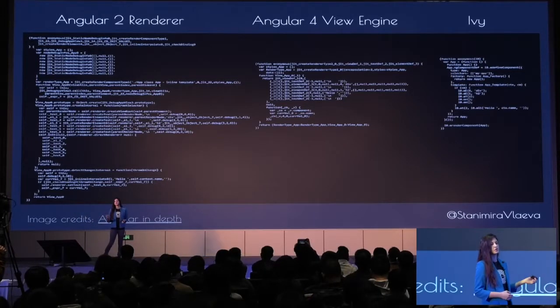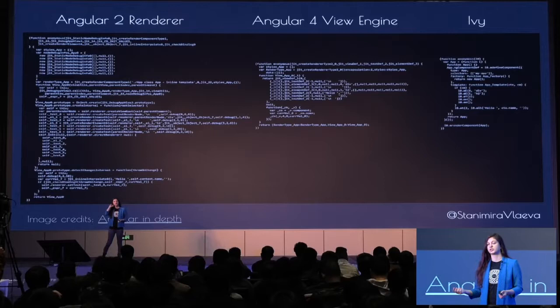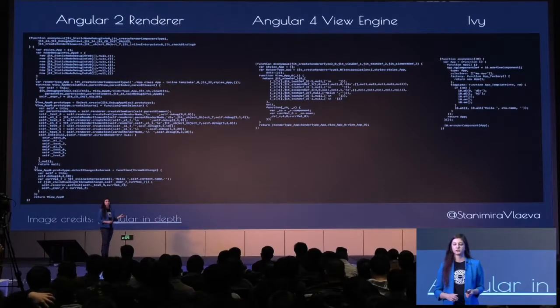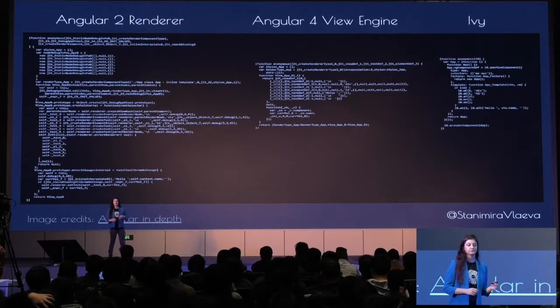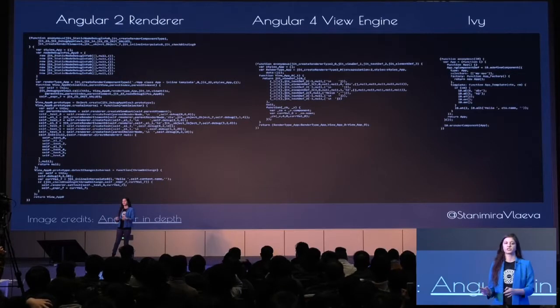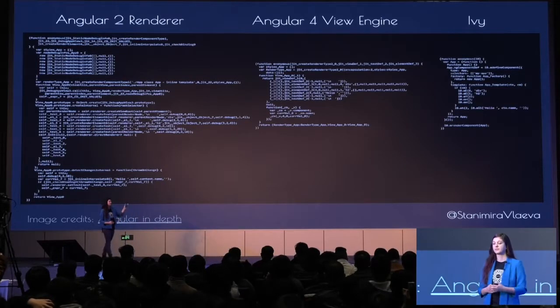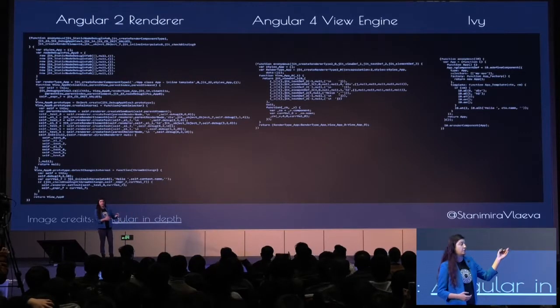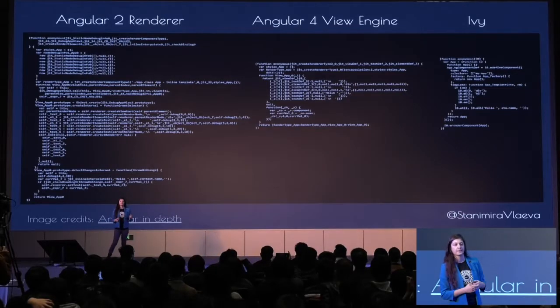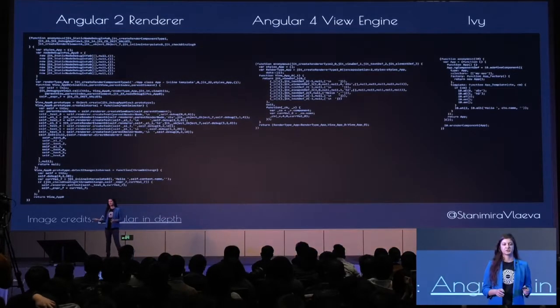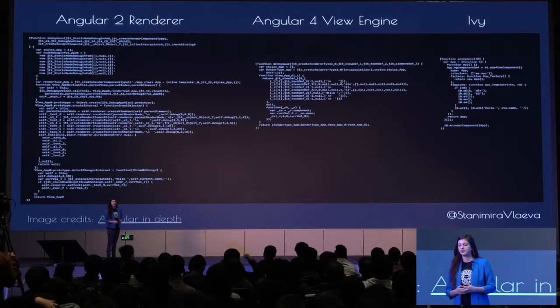So the next major version of Angular, Angular 4, introduced the View Engine. It's the second generation of Angular renderers. And you can see that the generated code is much smaller. But it still has its problems, as we're going to see later.